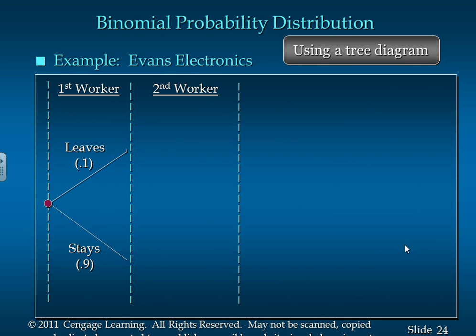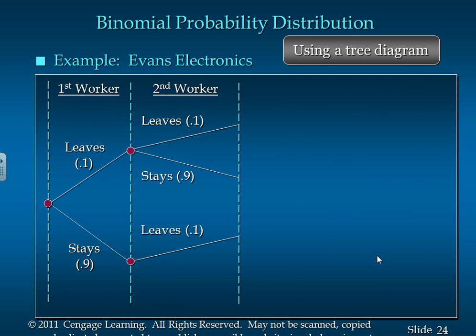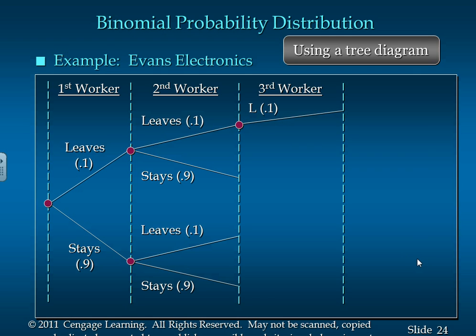All right, now I'm going to do it with a tree diagram. Leave, stays, leave, stays. Worker 3. Might leave, might stay. Might leave, might stay.